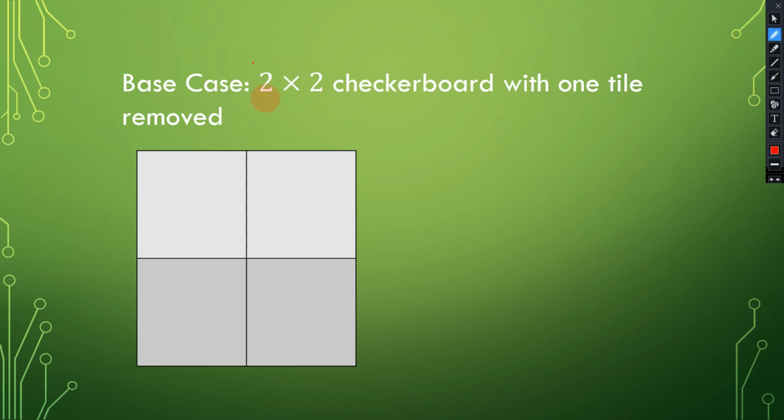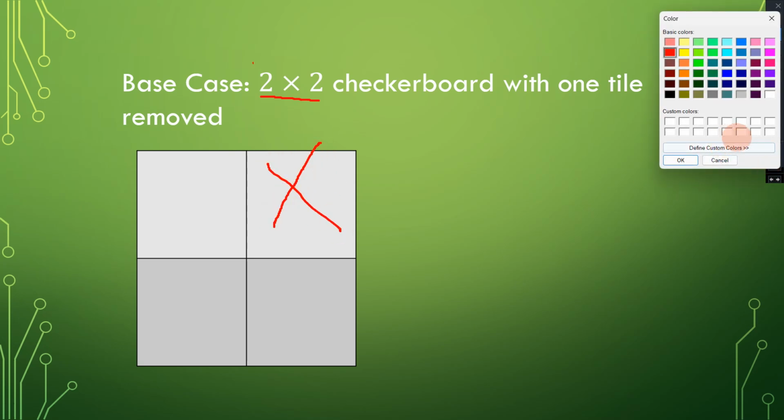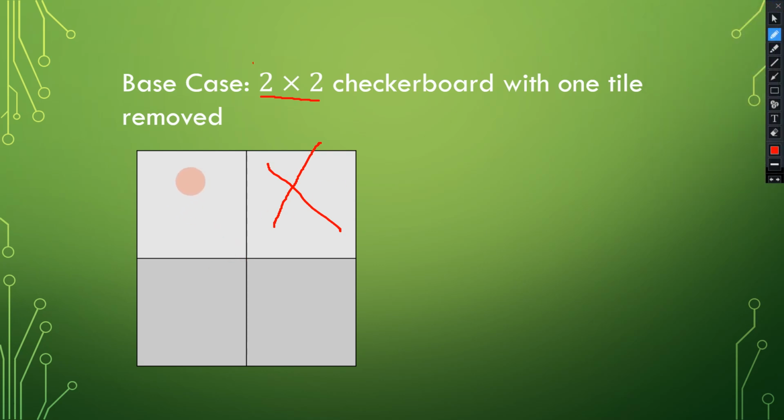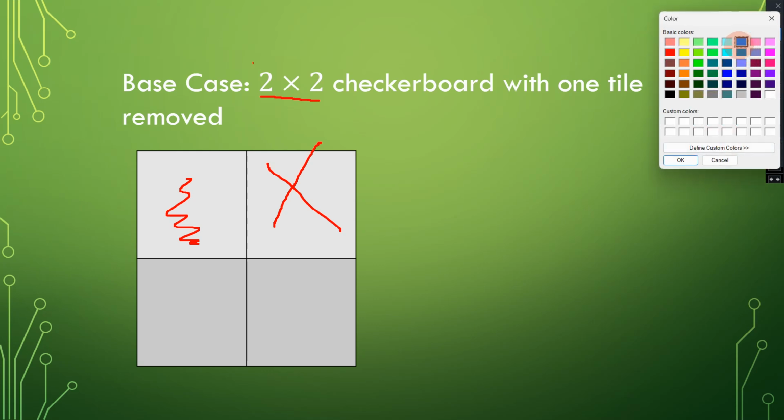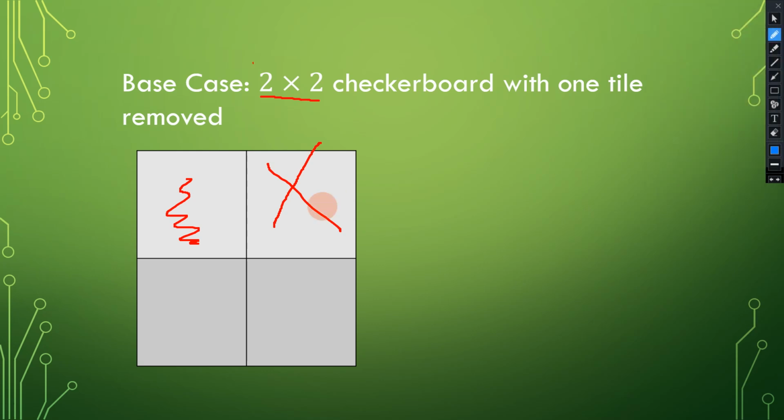So our base case, the smallest size checkerboard, is 2 cross 2, and we have removed one tile. It is very easily visible, I will change the color to blue, that I can cover these three tiles using this blue color.